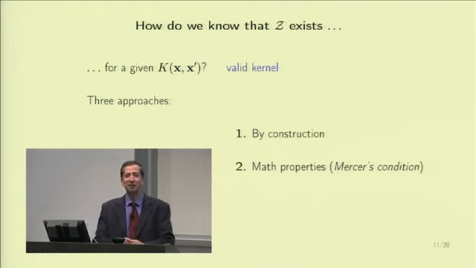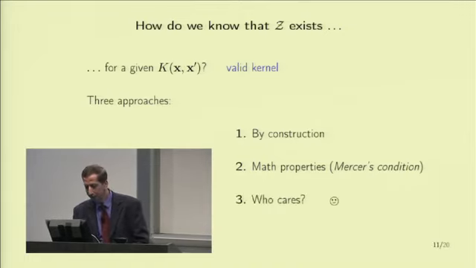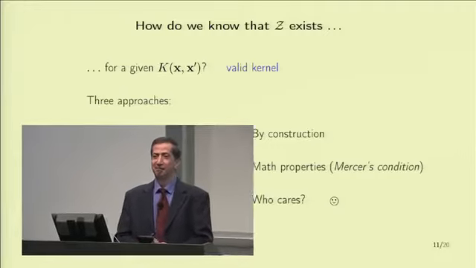The third approach is the one I find rather interesting. How do you know that Z exists? Who cares? This is the approach followed by some people. They say, this looks like a great machinery you have. You give me the kernel, I do this, I do that. So I'll just improvise the kernel, and who cares if there is a Z space or not? I never visit it anyway.